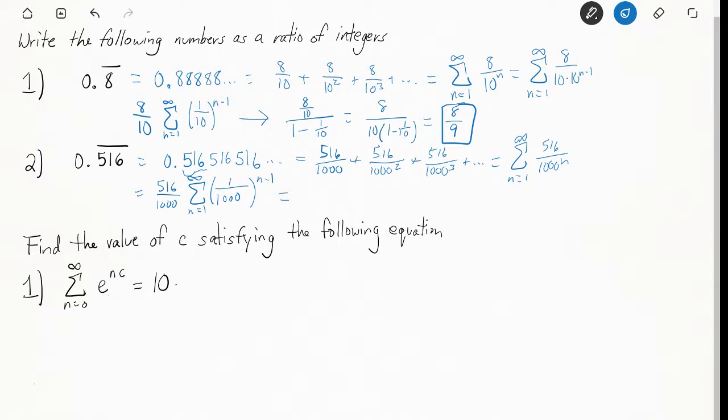Okay, so moving forward, we have the 516 over 1000 up in the numerator, and then we have 1 minus 1 over 1000. This allows us to drop the 1000 down, so notice this becomes 516, and then we have 1000 minus 1, which is 516 over 999.